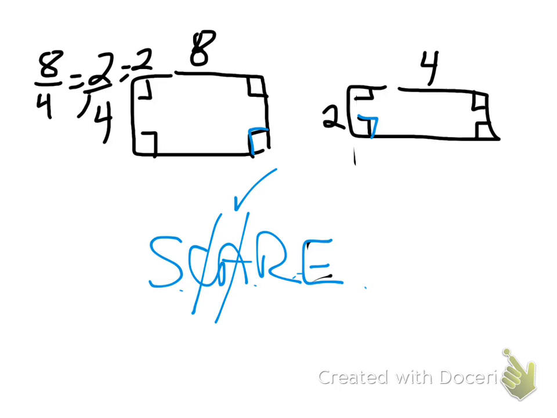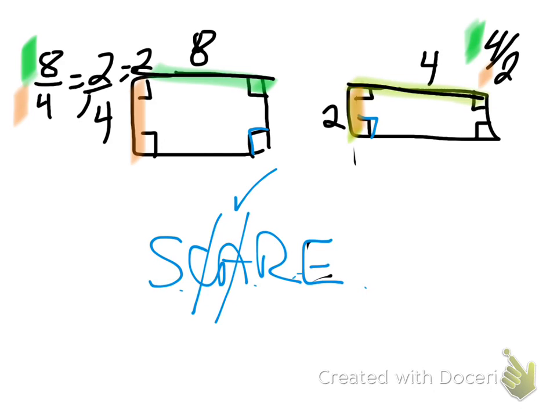The ratio here is 4 over 2. Remember, we're going to go long to short. Long to short, and I did the same thing on that side. I did long to short. Long on top. Long on top. Okay, it has to be the same, otherwise you're not going to get it. Whether you go long to short or short to long, whatever's on top for one side needs to be on top for the other when you put it as a ratio.